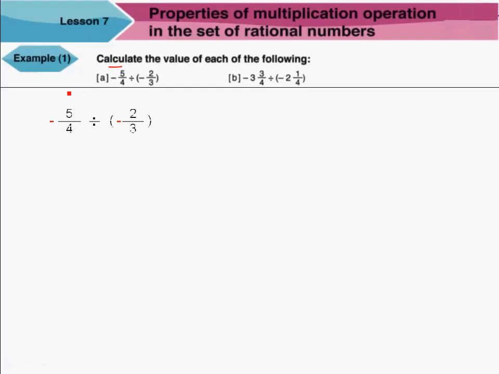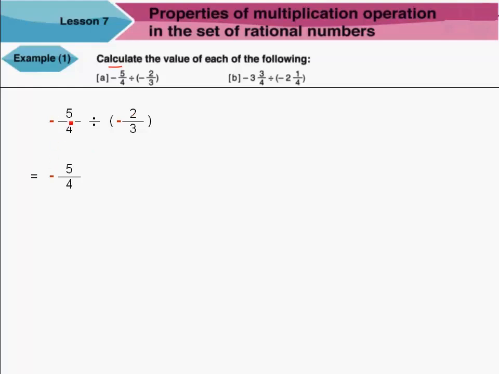Number A, we have minus 5 over 5 divided by minus 2 over 3. So we said that before, we have to change divided by to times and write the multiplication inverse of this rational number.